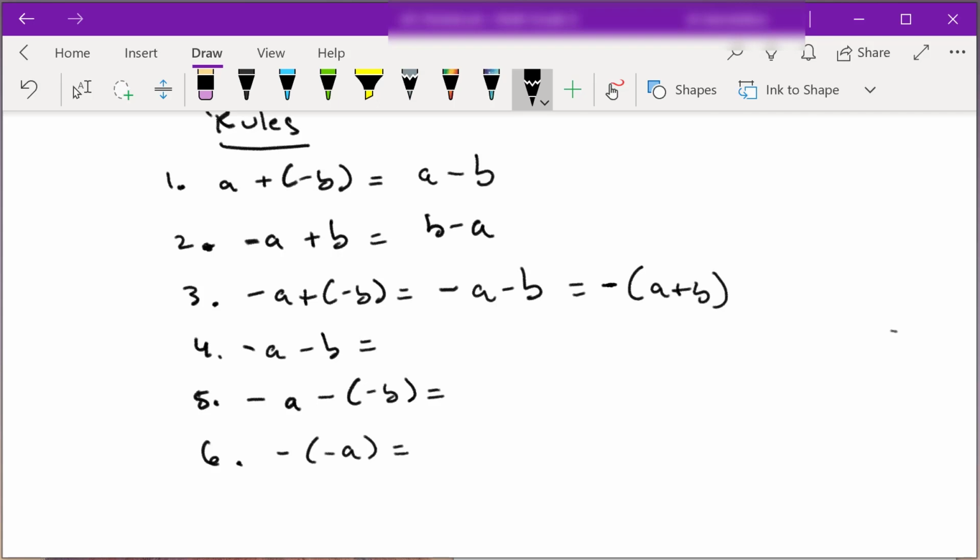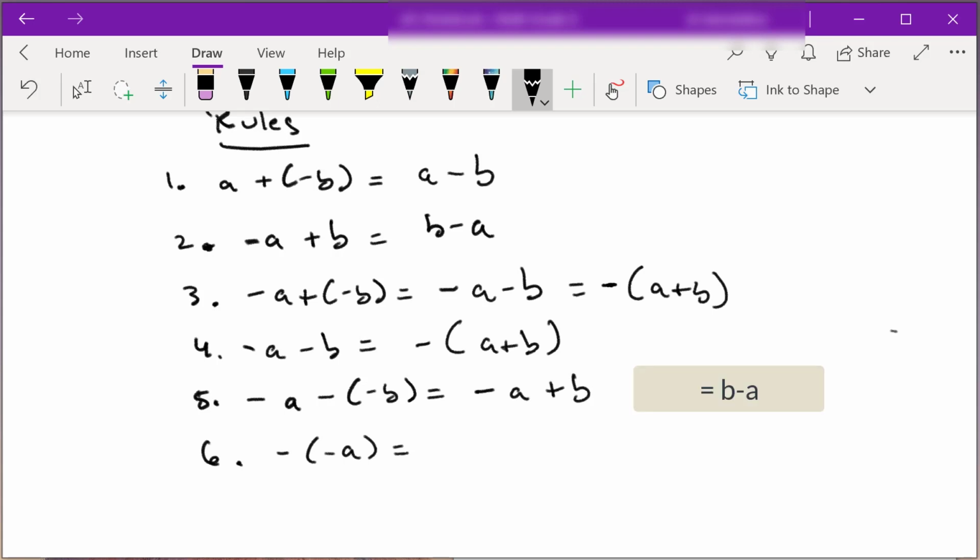Negative a minus b is simply minus a minus b. And negative a minus negative b can be rewritten as negative a plus b.